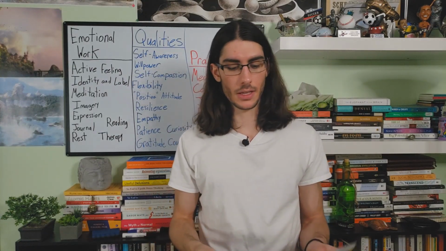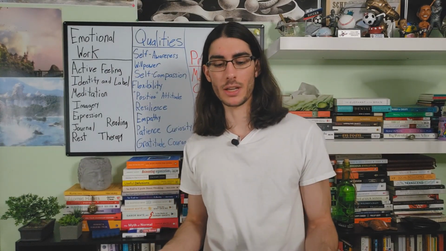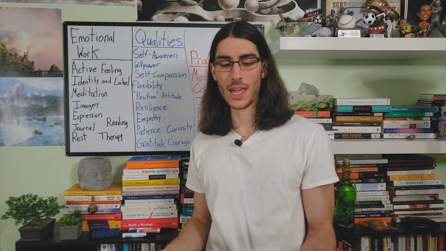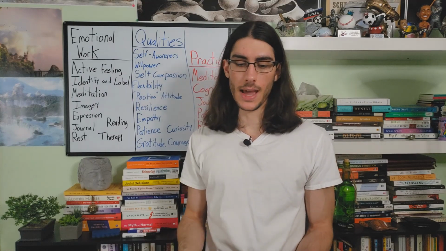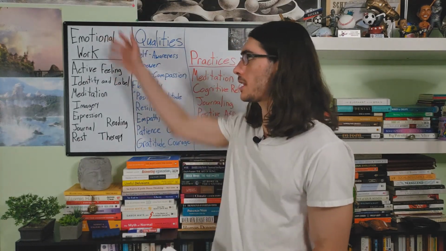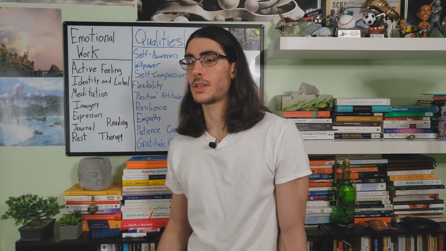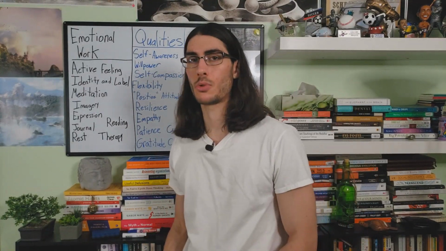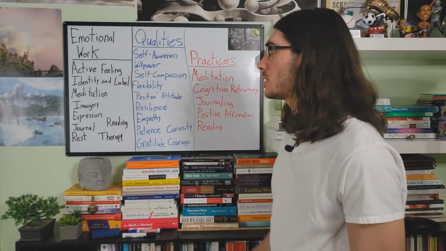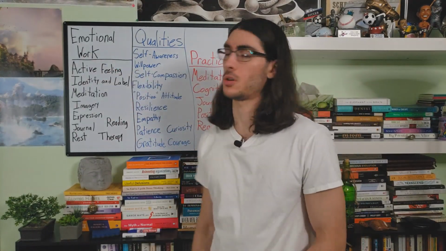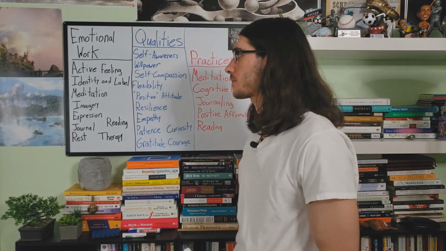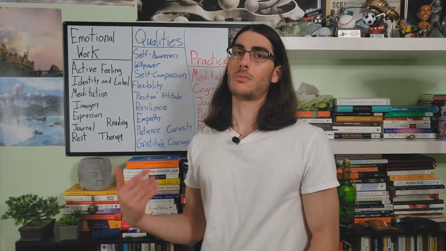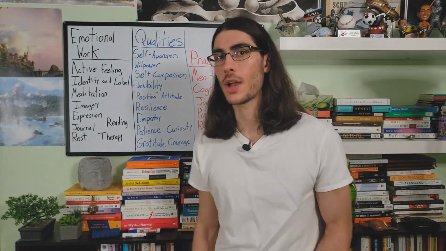Now, actively feeling and processing emotions rather than suppressing or avoiding them can help reduce the power of negative thoughts and change negative thought patterns. And now I have a bunch of qualities relating to emotional work. And all of this, like I said, is very active. And I think one of the most important ones on this board is this first one right here, active feeling, or just actively feeling. The word active implies that it's something that we're doing intentionally and with awareness.